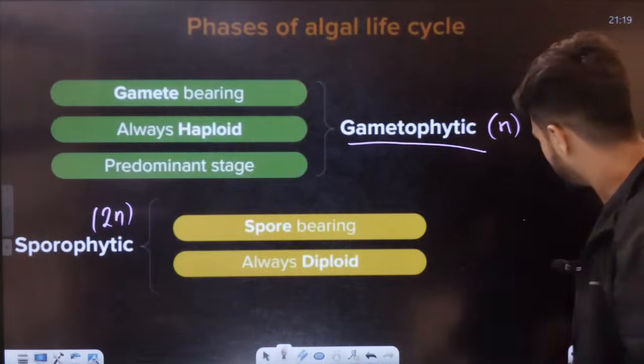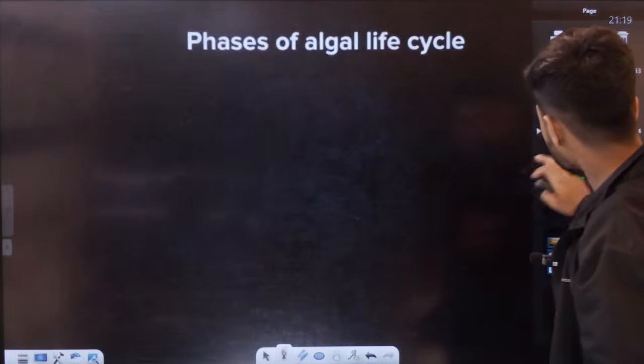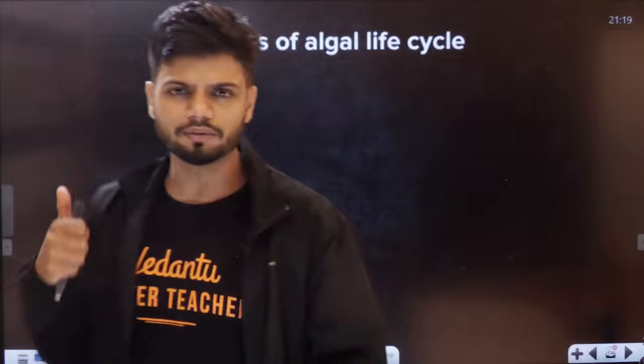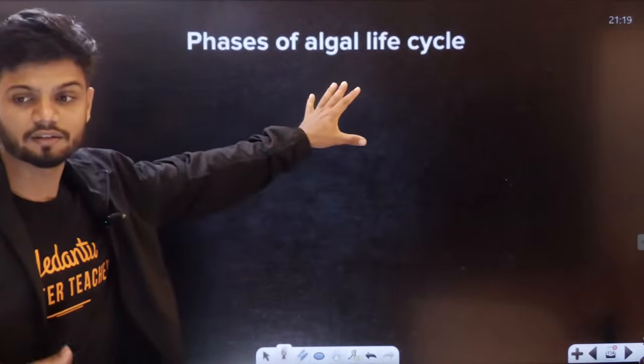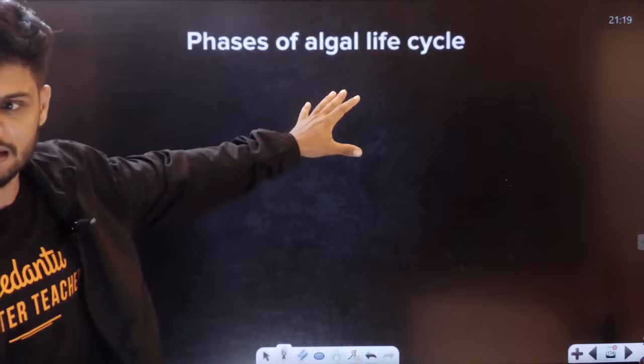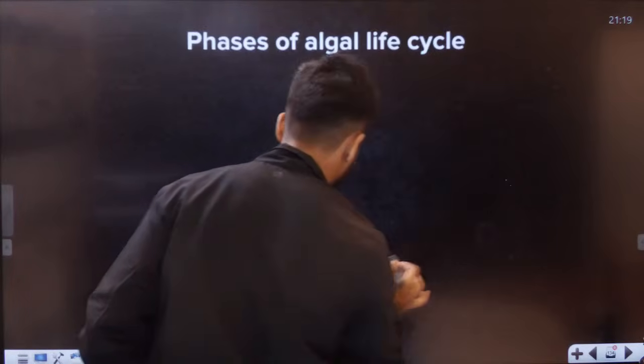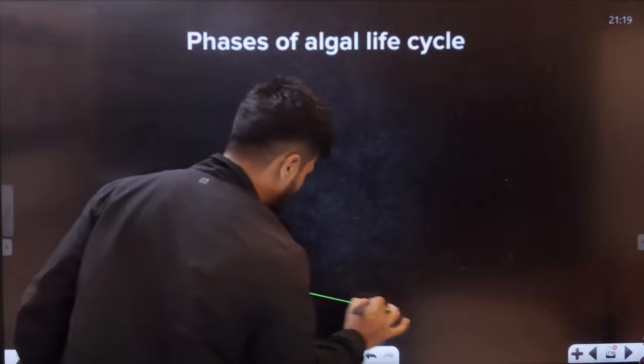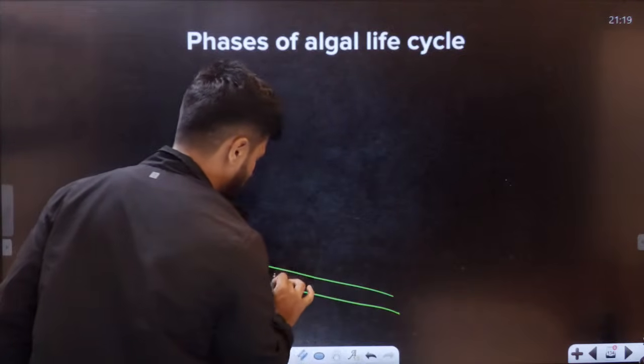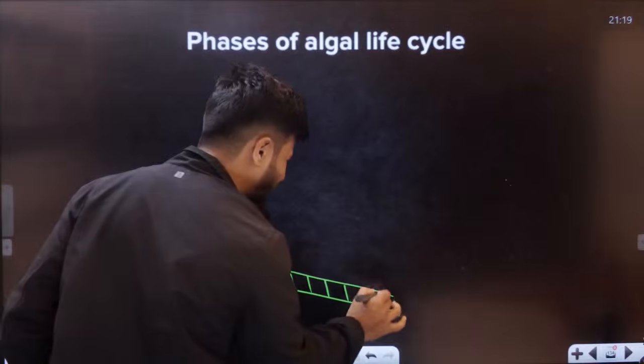Yes, good morning, all of you. Okay, students. Now, let's do the entire phase of the life cycle. Shall we start? Here we have the main plant body, green in color.